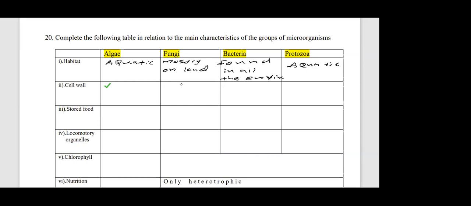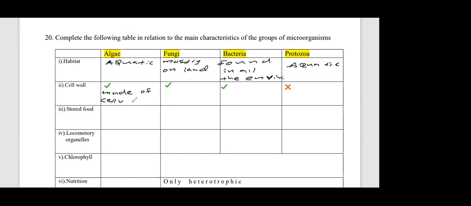Fungi cell wall is present, bacteria cell wall is present, but protozoa no cell wall. You can write the cell wall material also here. Please write under algae the cell wall material, cellulose. Algae, the cell wall is made of cellulose.